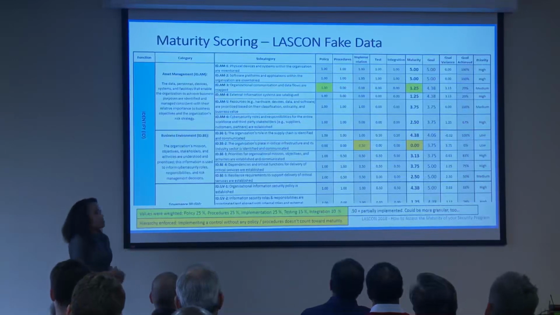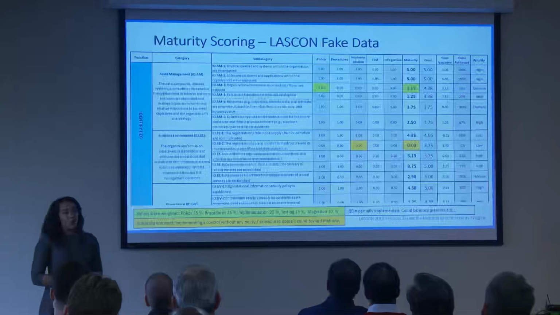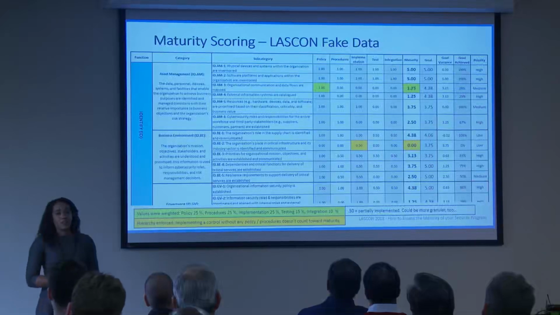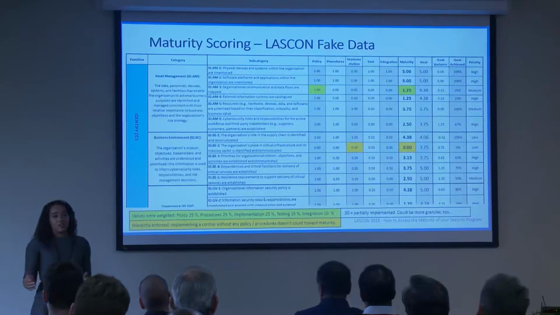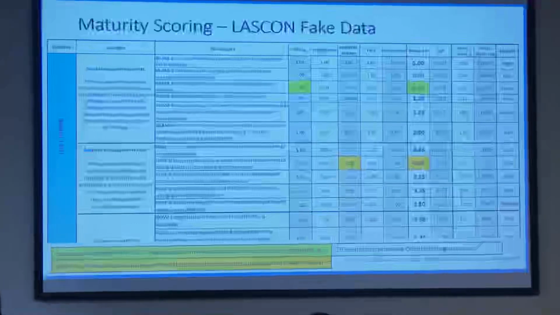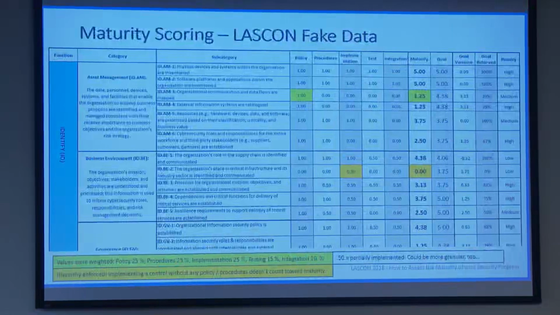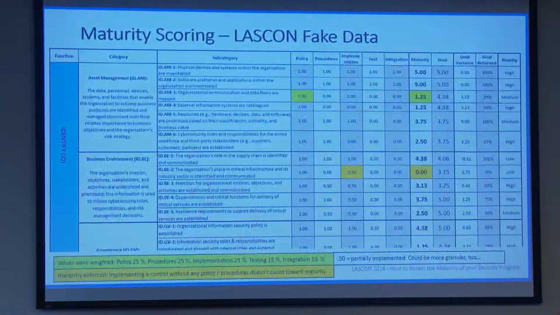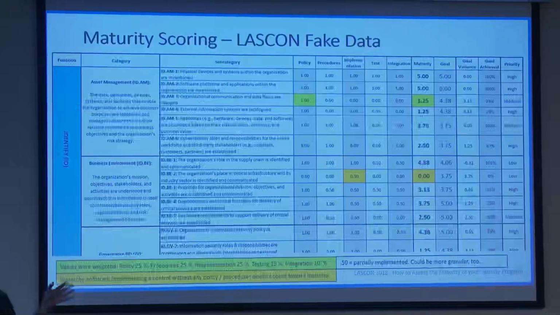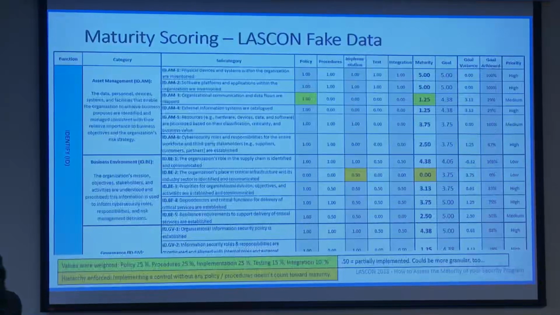A couple things to point out with the maturity, we also set a goal for each of these subcategories. The reason why that's important is because for some of these categories, you may not want a 5 maturity. You may not want to test it. It really just depends on your organization and what's important and critical to you. So you want to set that goal for each of them. And then finally, we set a priority. How important is this to us?